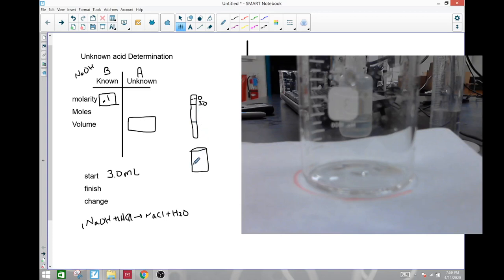If I have too much in here, then I might end up running out before I reach equivalence. That's fine. Every time you make a mistake, you learn something, but for the sake of our labs, we want to make sure we don't take too much so we don't run out. I chose to take about 15 milliliters.